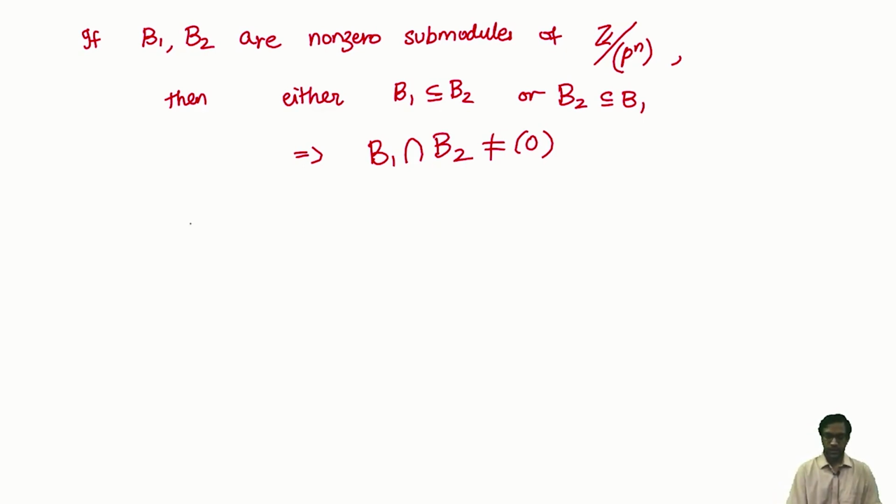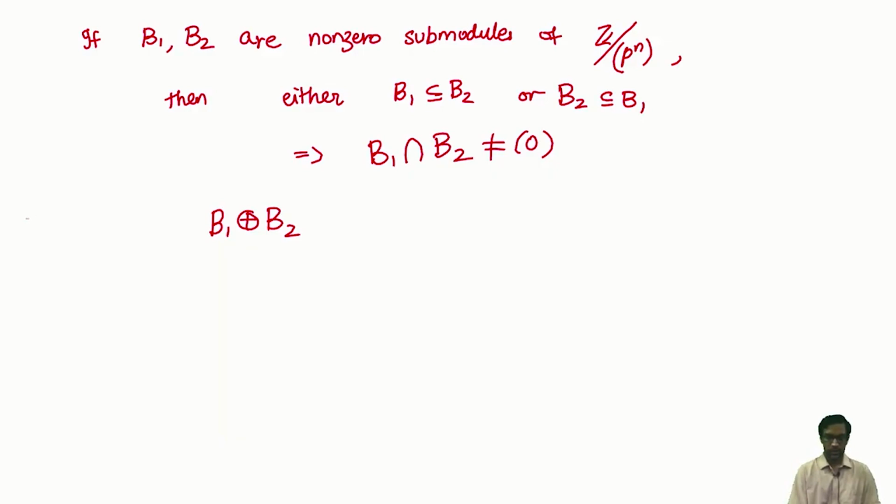So what does that mean? It means that these two guys are not independent, in the sense that to say that the whole thing is a direct sum of these two, what I need is that their intersection must be 0, right, and their sum must give me the whole module. Now in this case the intersection itself is not 0.